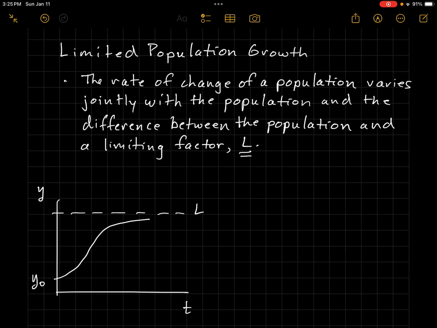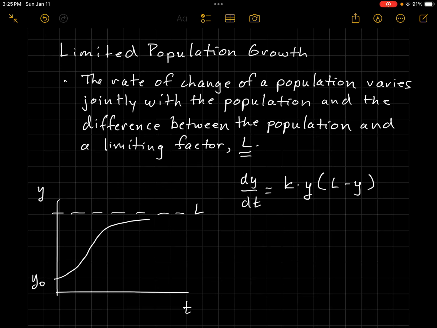Turning our statement into a differential equation, we get that the rate of change of a population with respect to time varies jointly as a product of the population and the difference between the population and a limiting factor L.